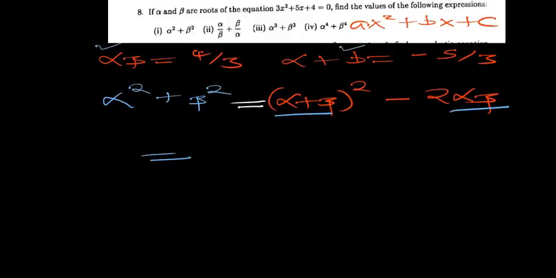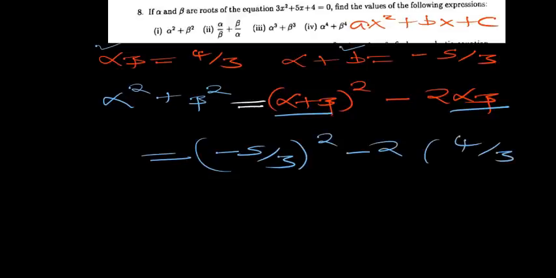We start with the summation, which is negative 5 over 3 in brackets, raised to the power 2, minus 2 alpha beta, where the product is 4 over 3. So negative 5 over 3 squared will give us 25 over 9, and then 2 times 4 over 3 is 8 over 3.